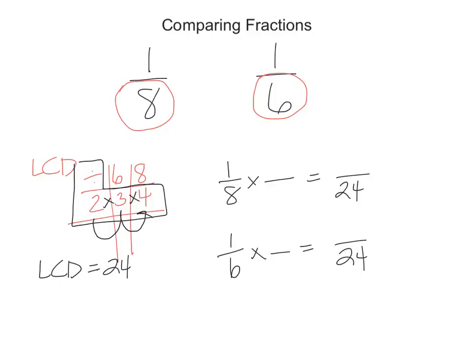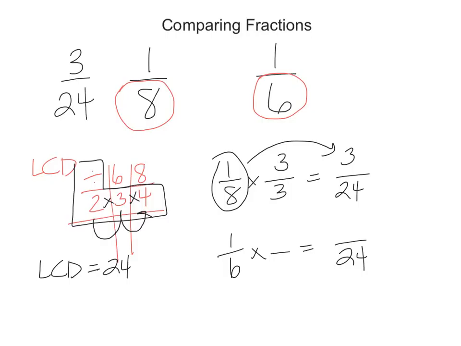Eight times what equals 24? Well, that would be 3. And if I put it on the bottom, it also goes on the top. 1 times 3 is 3. So the equivalent fraction to 1/8 would be 3/24.